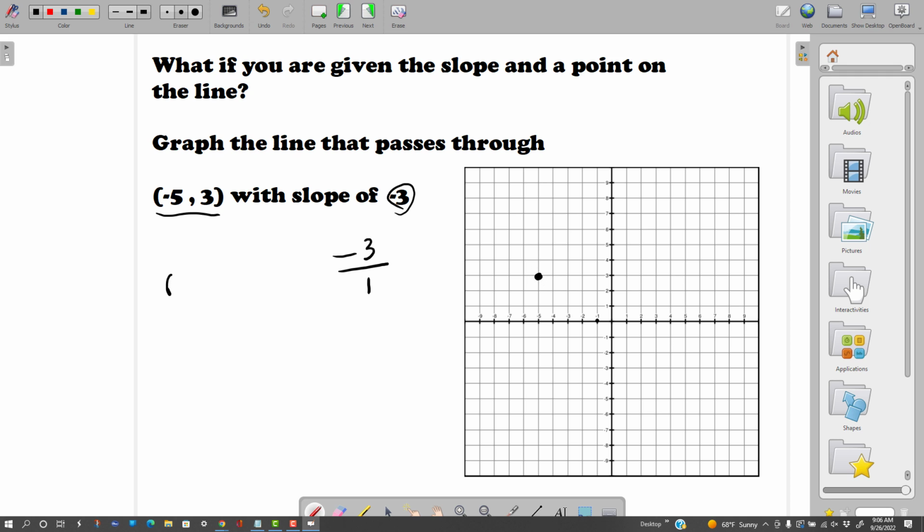Using rise over run, I'm going to go down 3 units from my starting point. So I'm going to go down 1, 2, 3, and go forward 1. I went down 3, forward 1, and now I can construct my line through those points.